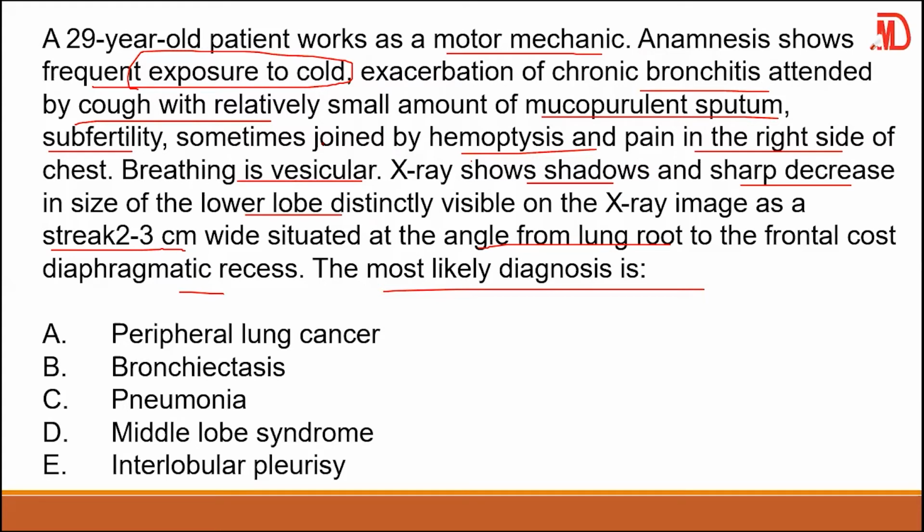And of course, looking at the place where it is happening, that is the lung root, makes cancer more appropriate in this question. And over here, we would definitely go with a peripheral lung cancer. And I think this is subfebrile, not subfertility. Subfebrile means low temperature. All right. So the answer is A.